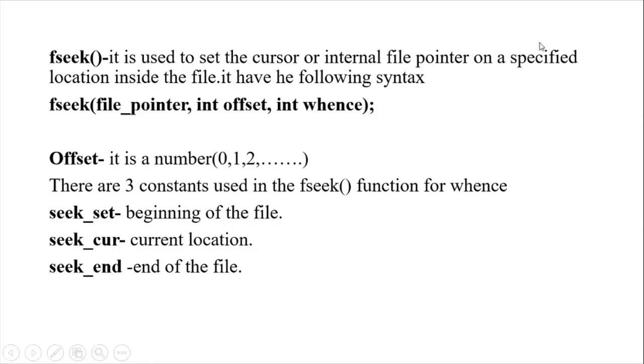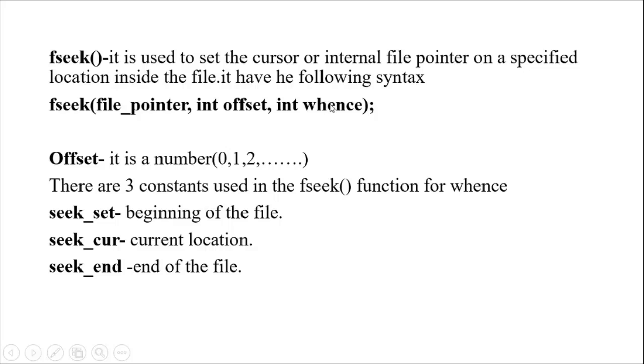If it is SEEK_SET, it jumps from the beginning. If it is SEEK_CUR, it moves from the current location, and if it is SEEK_END, it moves from the end of the file. So it is the beginning, the current position, or the end of the file.